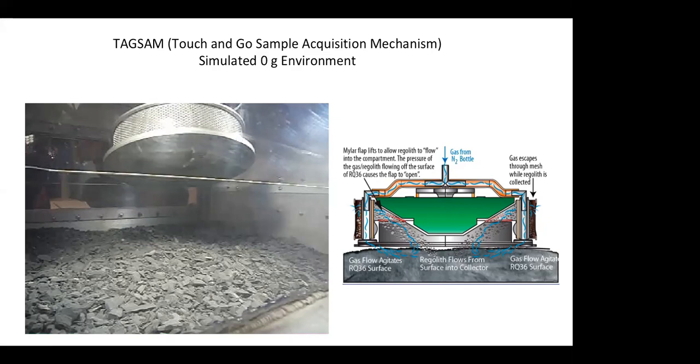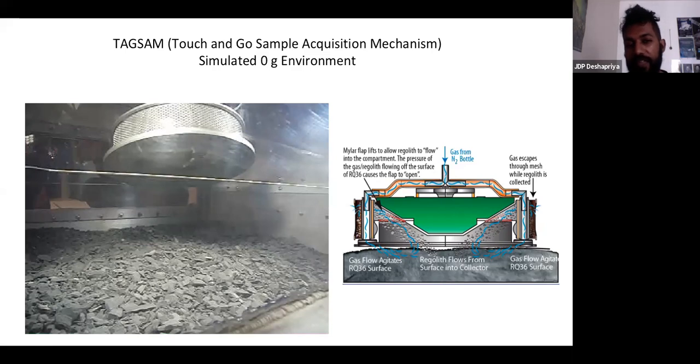So far there have been space missions like the Hayabusa space mission that went to the asteroid Itokawa several years back, and it brought back less than 1 gram, I think, of samples. We also have the Hayabusa 2 space mission that is still ongoing.